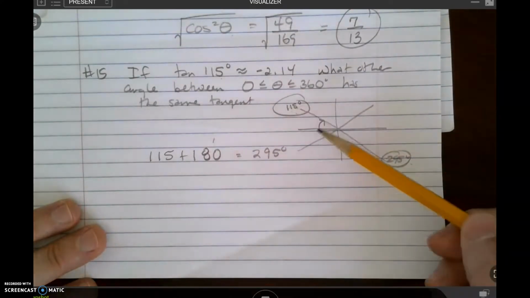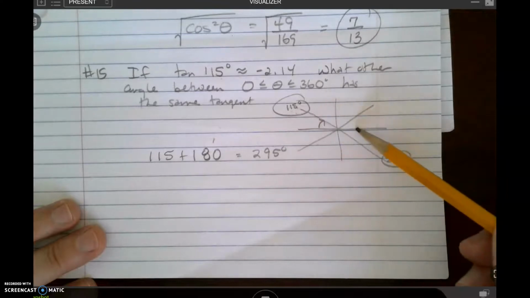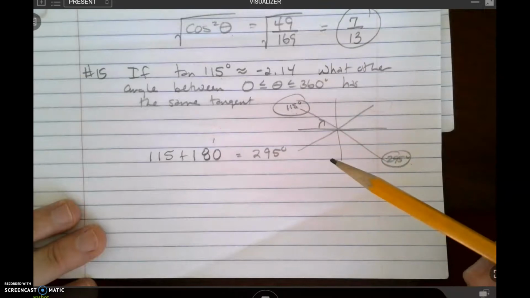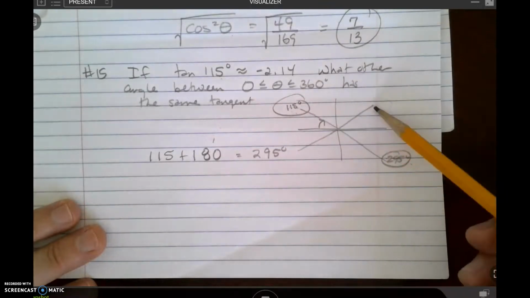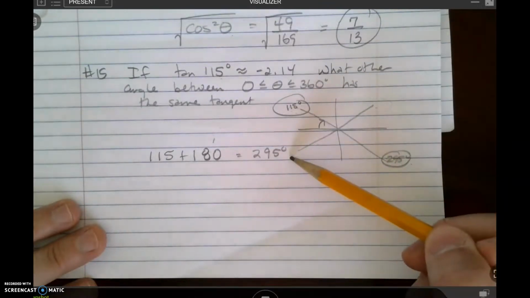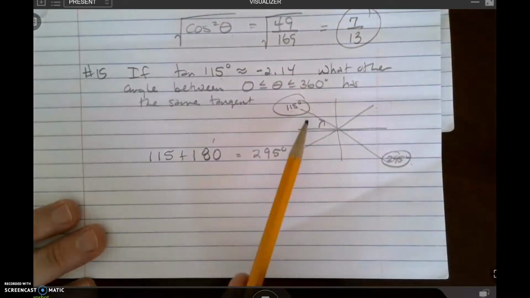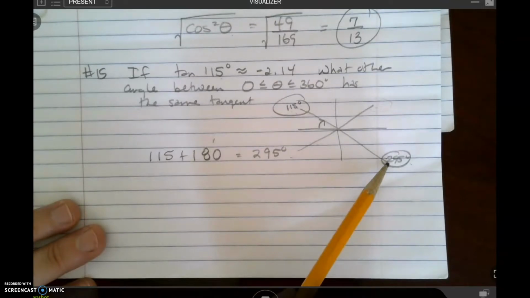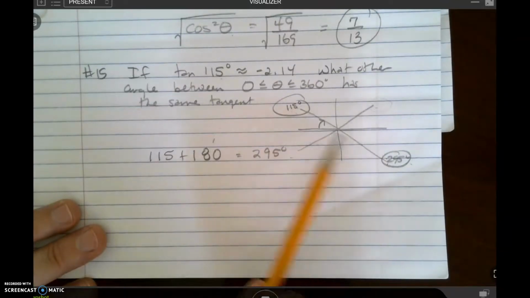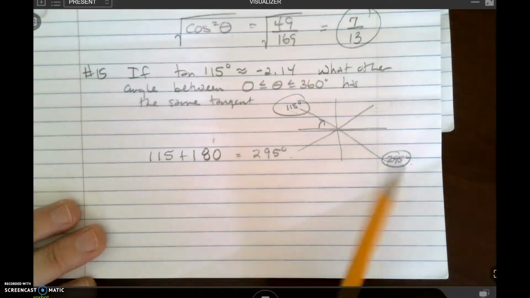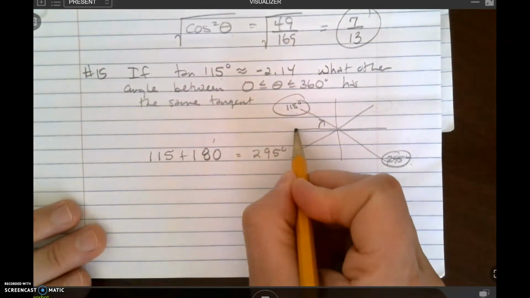I don't need to find the reference angle because I don't need to find the quadrant 1 or 3 answer. If I was looking for the quadrant 1 or 3 angle, I would have to first find this reference angle. But because I'm going diagonally, I just need to add 180. If you're wondering, well, how would I find the reference angle? Well, think about it. Right here is 180.